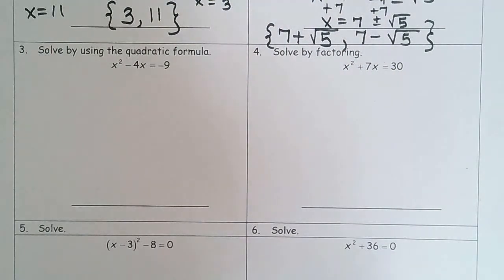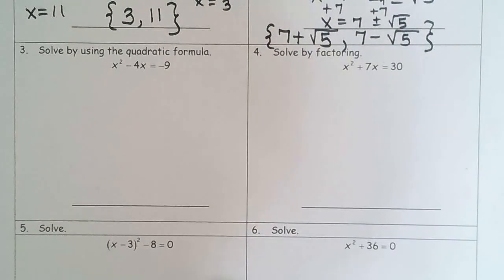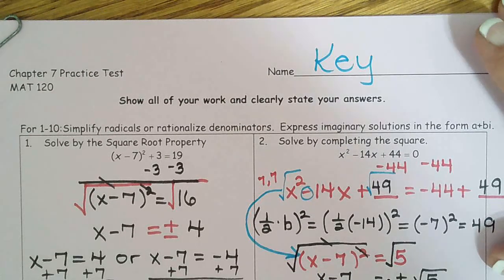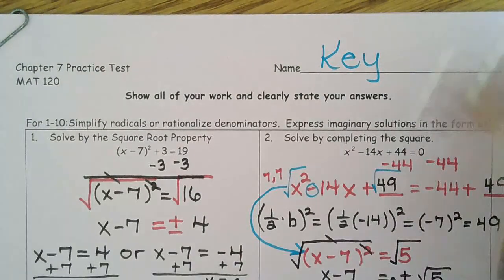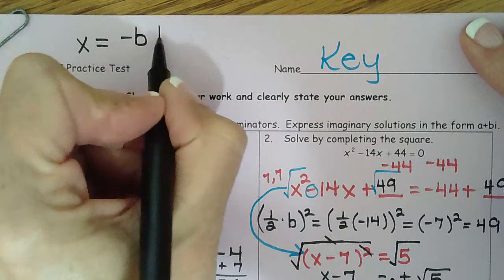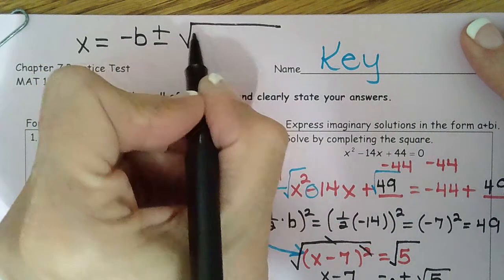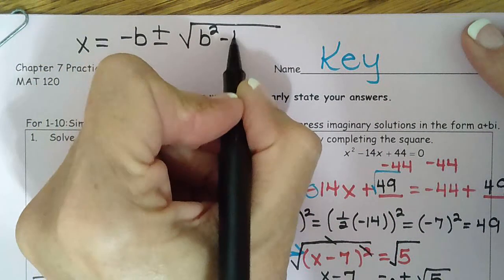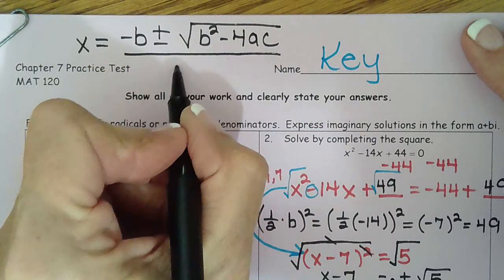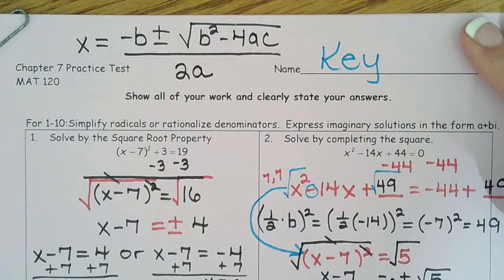I'm going to write it up here so that x equals the opposite of b plus or minus square root of b squared minus 4ac all over 2a.